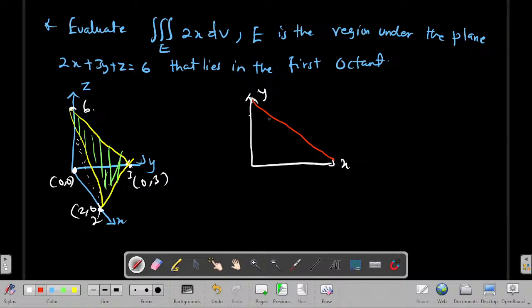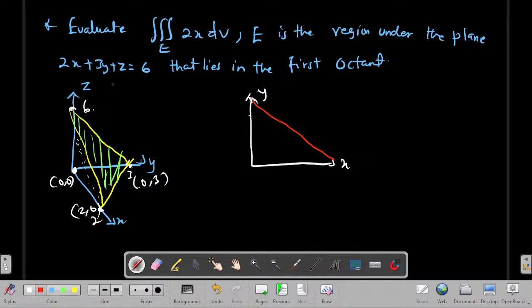So this is just you trying to reflect it on the XY plane. When you want to reflect, on the x, where did they cut? For us to put it on the XY plane, we have to set z to be zero.